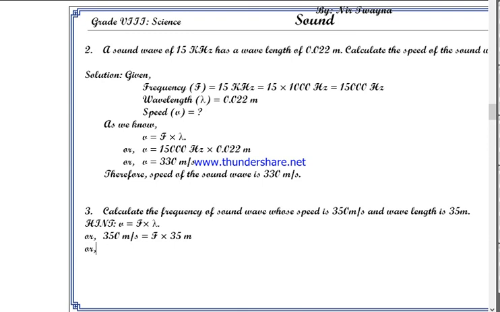I've divided the left hand side by 35, and on the right side you also need to divide it by 35.